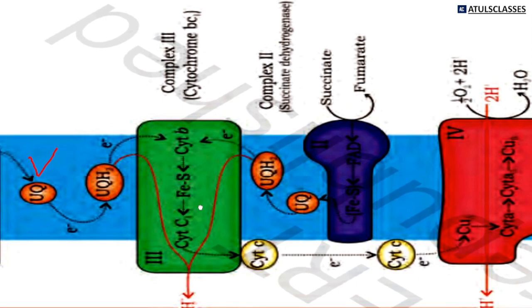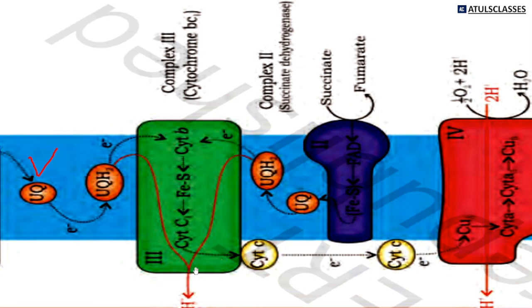Okay, so why is this shown after 3? Because this is also going to generate hydrogen ion, and this is also generating hydrogen ion, and both of these give out their hydrogen ion as well as electron to complex number 3.